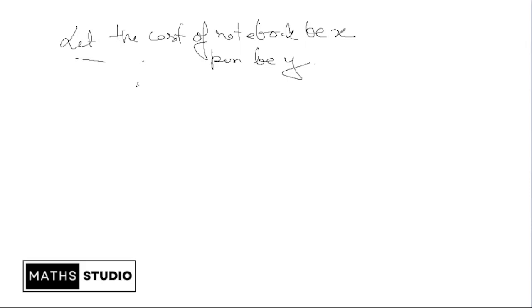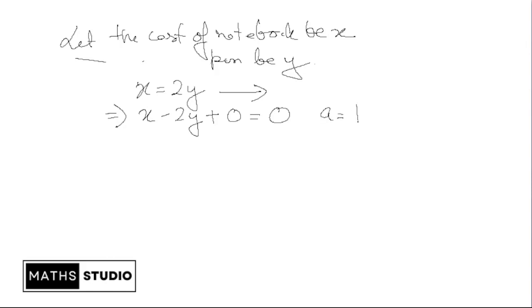That means X equal to 2Y. Okay. So this is the linear equation in two variables. So how do we write it in standard form? X minus 2y plus 0 equal to 0. Here our A is equal to 1 because in front of X there is 1. Our B will be minus 2. C will be equal to 0. Okay.